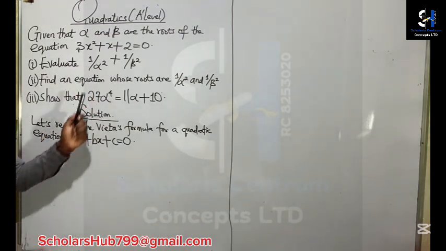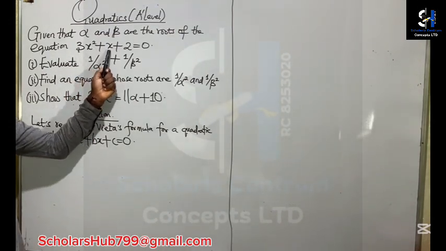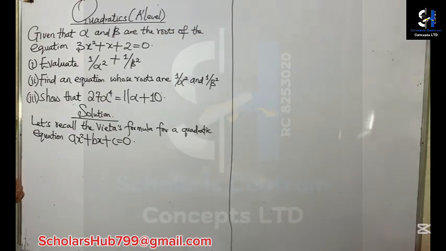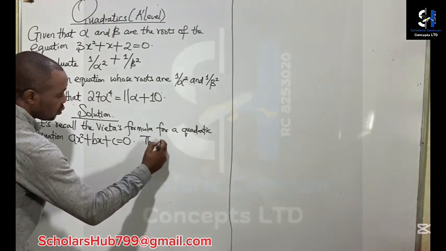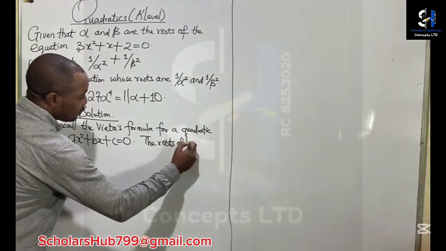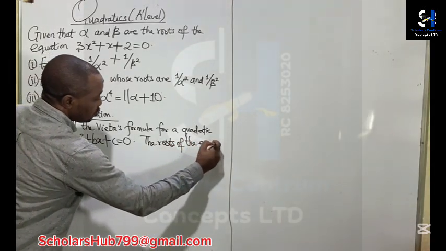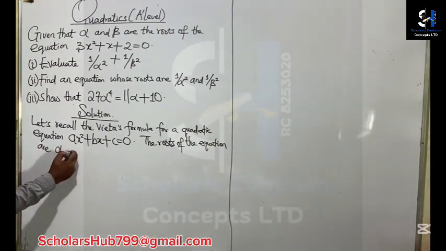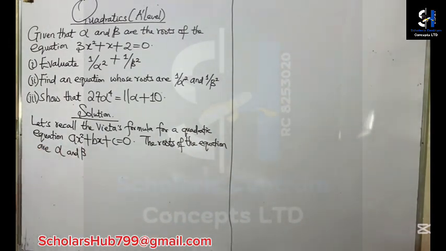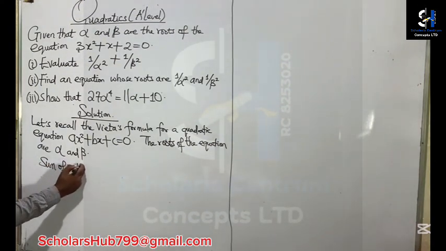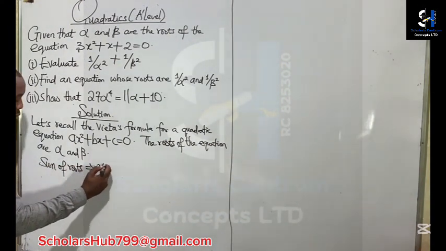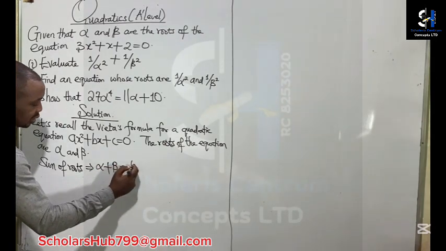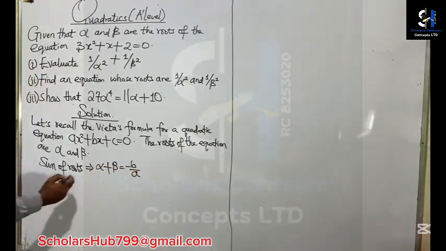Now, for this question, we are given 3x squared plus x plus 2 equals 0. Let's say the roots of the equation are alpha and beta. The sum of roots, alpha plus beta, is negative b over a.